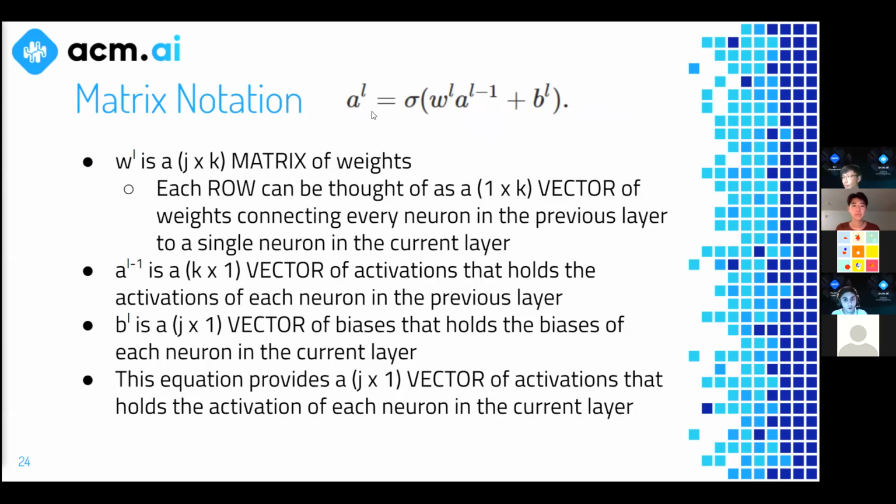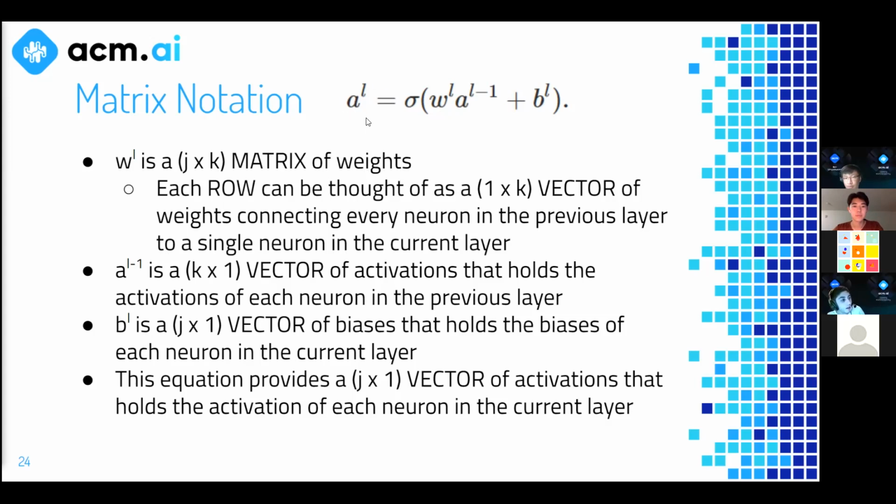So this is the formula to calculate the activation for every neuron in one layer. If you read what's written here, it outlines what each of these things represents. I'll also say it verbally.